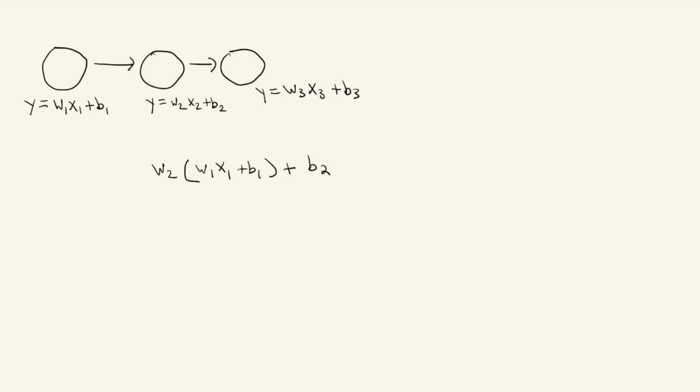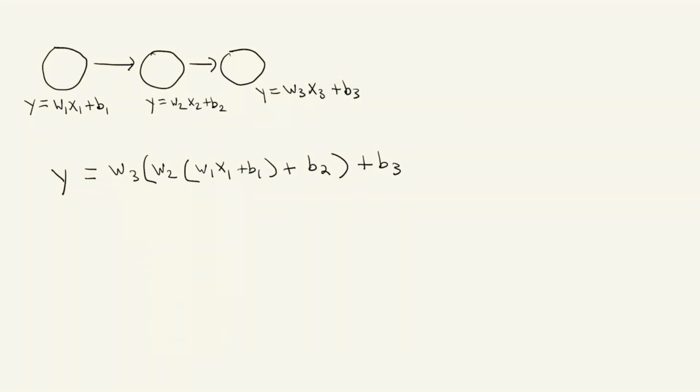And we're putting this whole more complex equation, we're outputting that to here, to this final neuron. So the total equation starts looking something kind of like this: w3 times that, we throw that into that last neuron's linear function, plus b3. And this is what the neural network is going to spit out. This y value is what is going to come out here on the other end from this neural network.